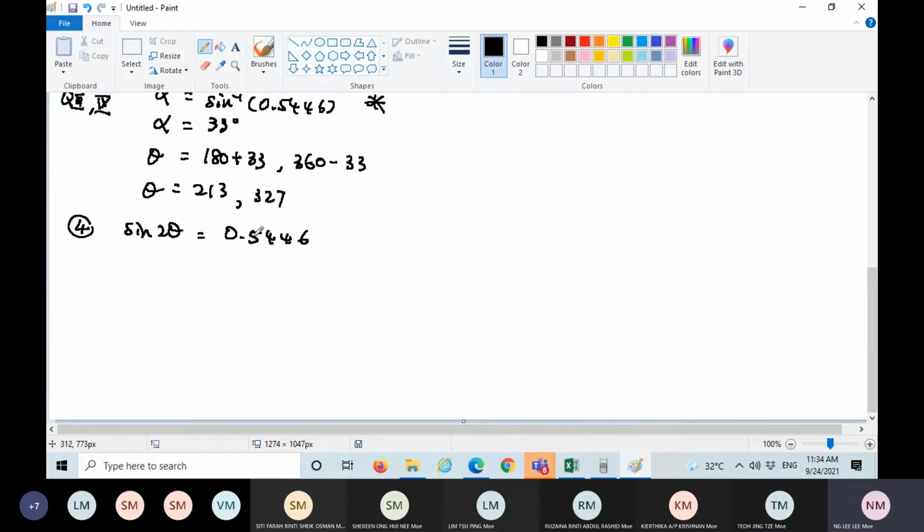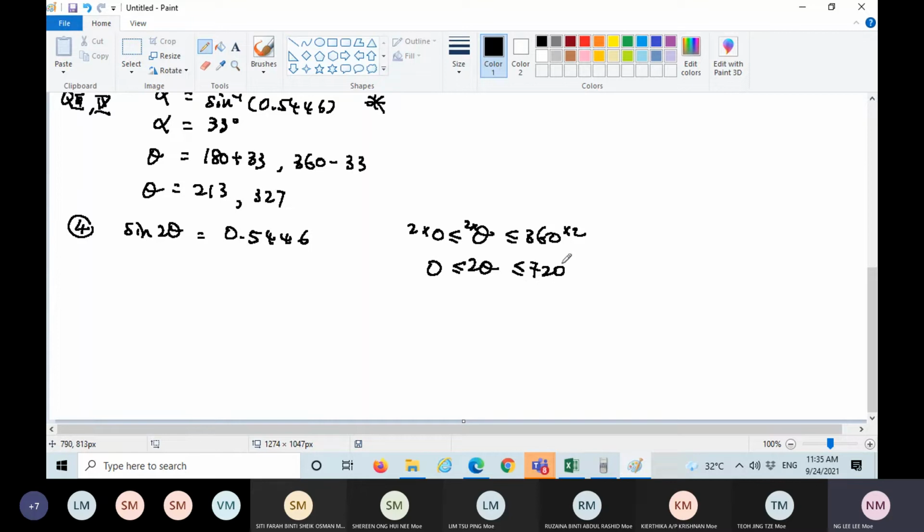What is the meaning of continue? You see the range for theta is 0 to 360. If here is 2 theta, you times 2 here, and then here also need to times 2. So for 2 theta, the range becomes 2 times 0 is 0, don't tell me it's 2, and 360 times 2 is 720. So the range becomes 0 to 720.